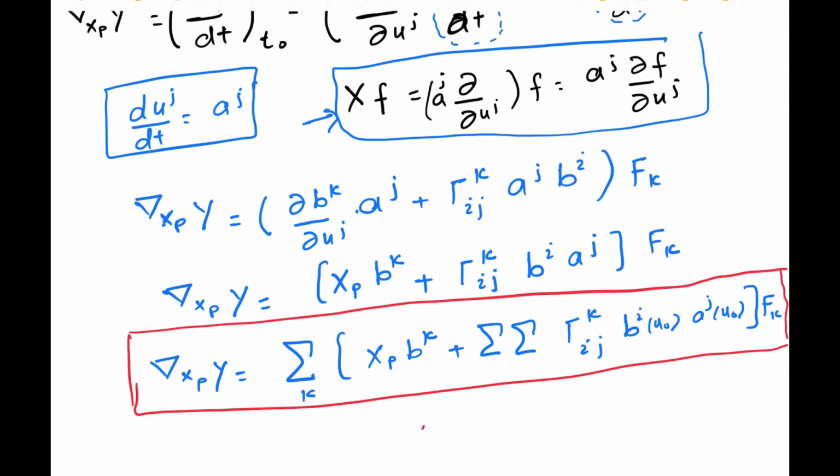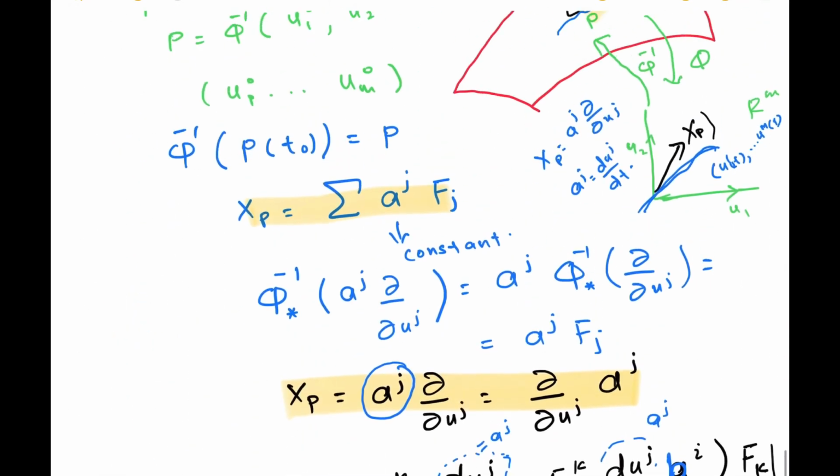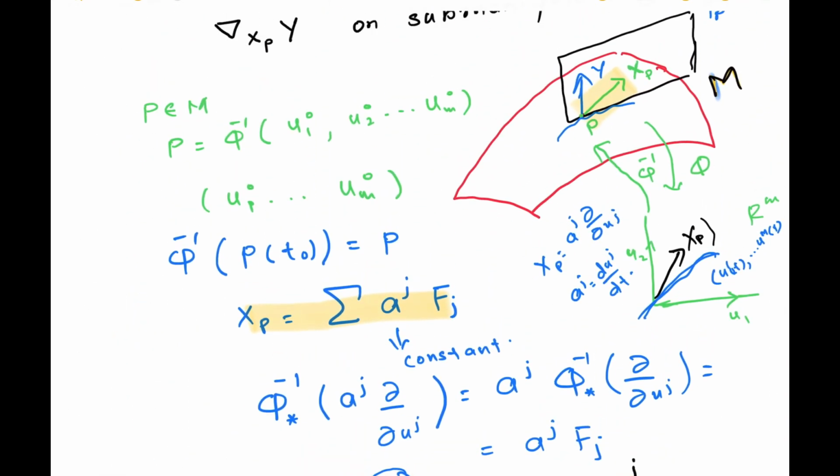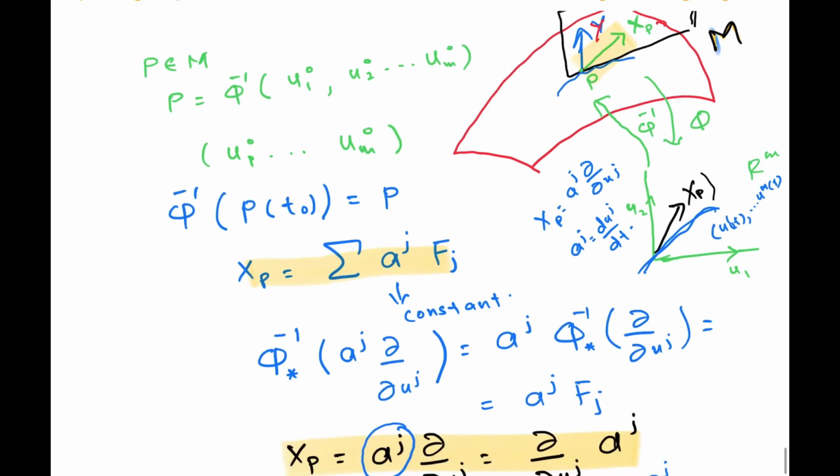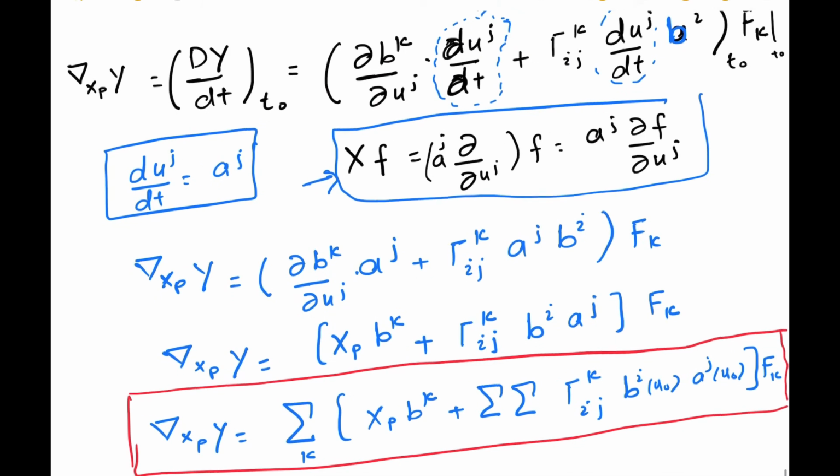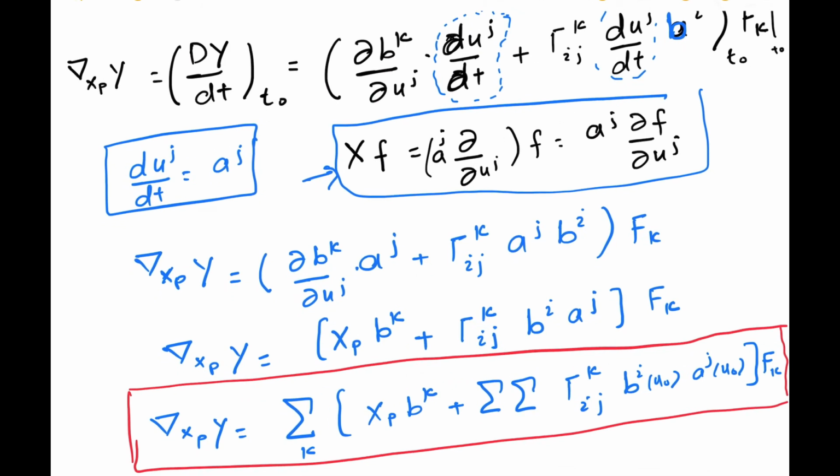That single vector is actually xp in the tangent space, as we have done here. And then we need to differentiate this vector field y along this tangent vector xp. So for that we have this notation del xp y.